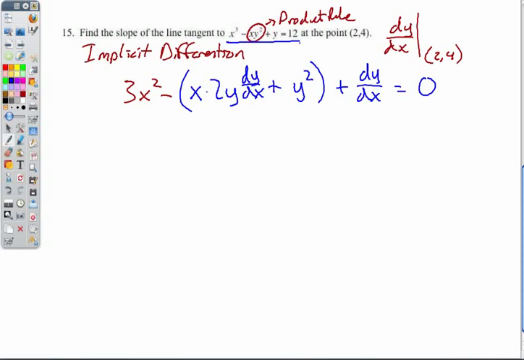So when we do that, we're going to get dy/dx, and if I leave that on the left side, it's going to leave me with 1 minus 2xy, and that's going to be equal to negative 3x squared plus y squared.